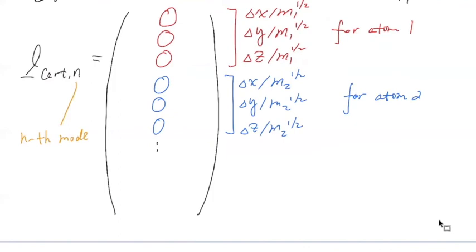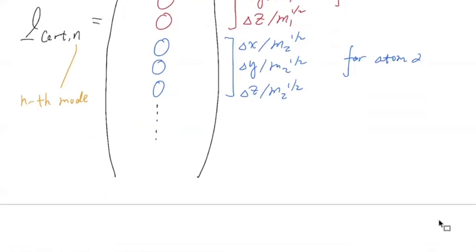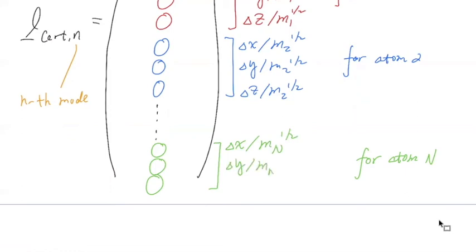And you have multiple entries. In total, you have N atoms, and therefore you have 3N entries here. The last 3 entries are for atom N. This is delta x over square root mN, delta y over square root mN, delta z over square root mN.